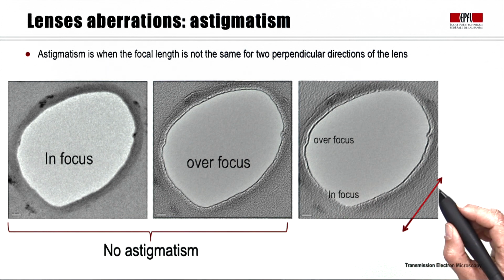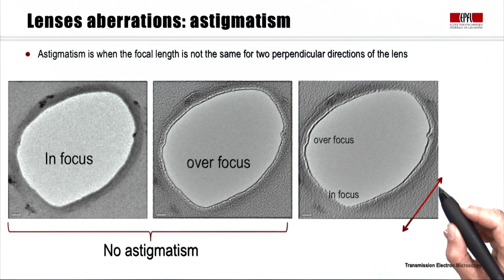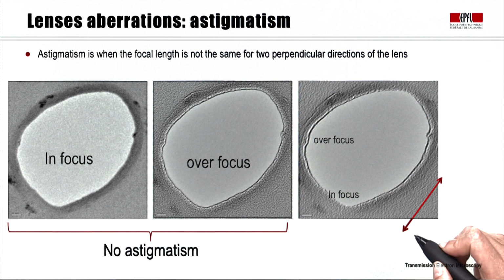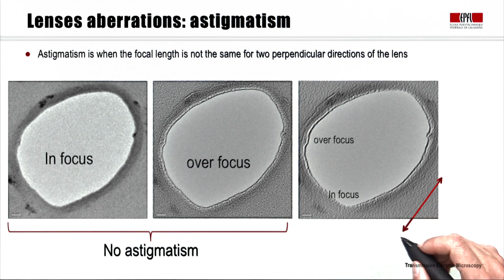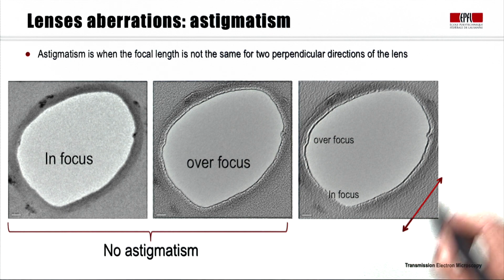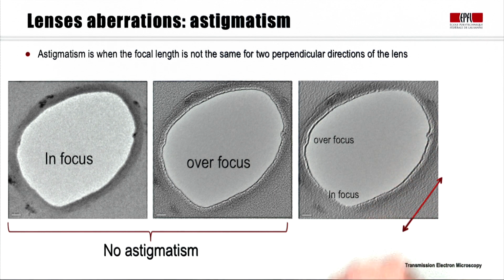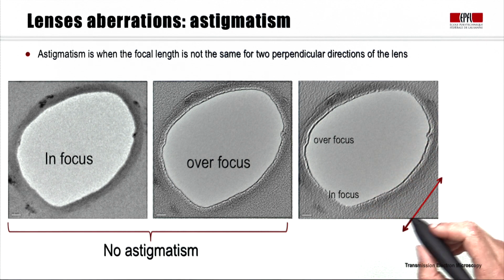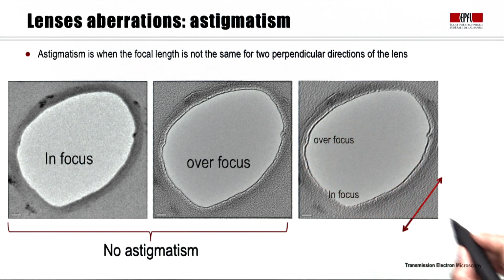If you look carefully, you will also see that the carbon film is not homogeneous anymore. It looks like maybe it has been stretched or whatever. You see elongated structures in this direction, which corresponds to the direction of the astigmatism. Again, it's because I'm in focus in that direction and not in focus in the other direction.